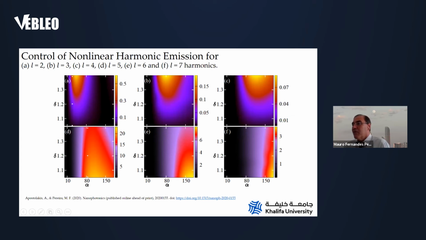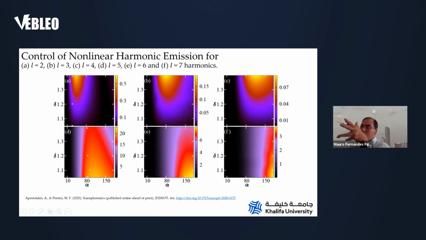And of course, if you have no asymmetry, you don't have any emission. You see here that increasing the asymmetry will reduce the odd harmonics, and the higher the harmonic, the more power you have to put in. But more interestingly, just increasing the power doesn't help you. See, there's a maximum here for all cases.